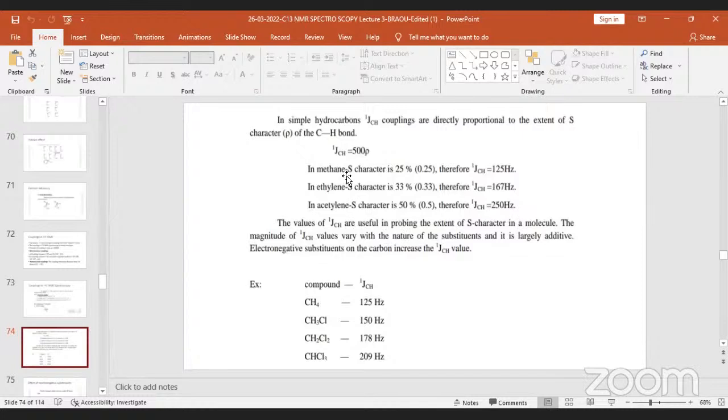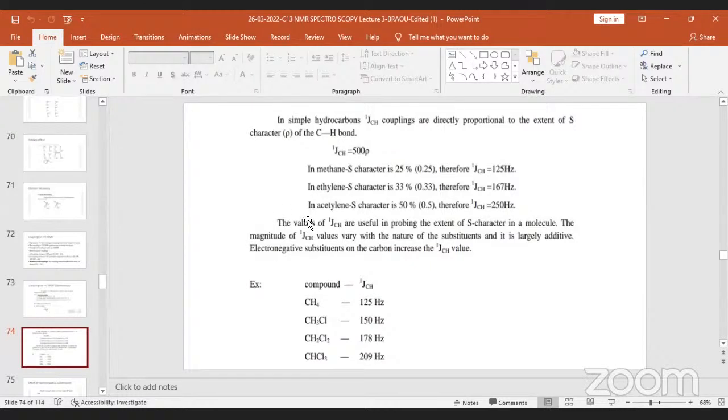And these are the parent systems: methane, ethylene, and acetylene. sp3 hybridized, sp2 hybridized, and sp hybridized. If the carbon is attached to other electronegative groups, that also influences the coupling constant of the CH bond. An electronegative group increases the coupling constant, and the more electronegative groups, the larger the value; if it is 2, that is additive.